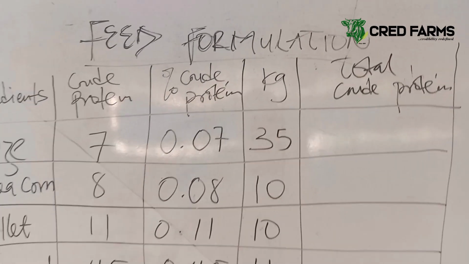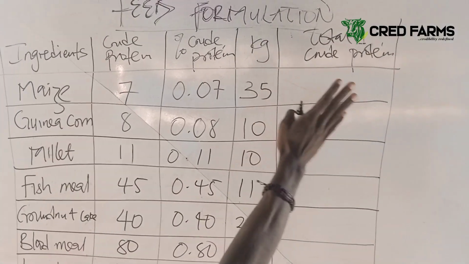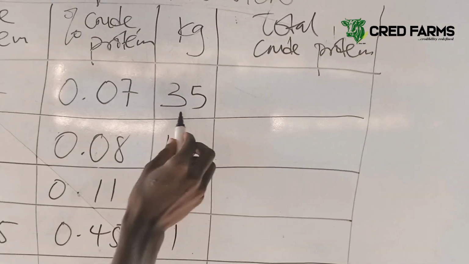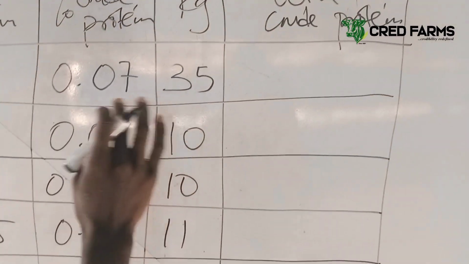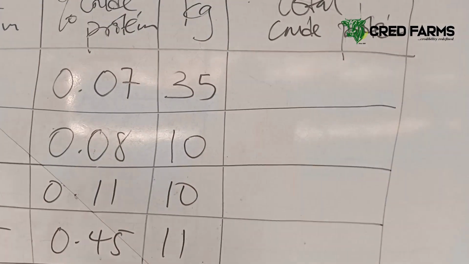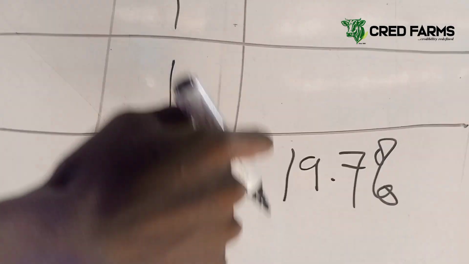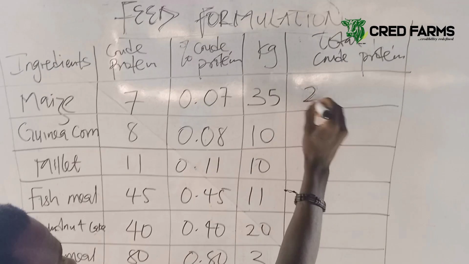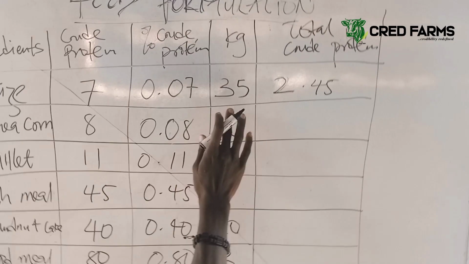All right. The next thing we are going to do, after you have gotten 100, is to find your total crude protein. And the total crude protein is a multiplication of the kg and the percentage crude protein. So if you multiply this and this, it's going to give you this. If you multiply this and this, it's going to give you this. Then a sum of all this should give us 19.7. 2.45 is what you get when you multiply 0.07 and 35.